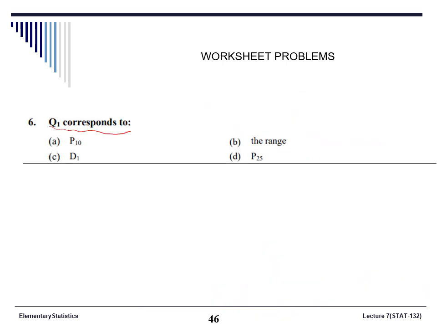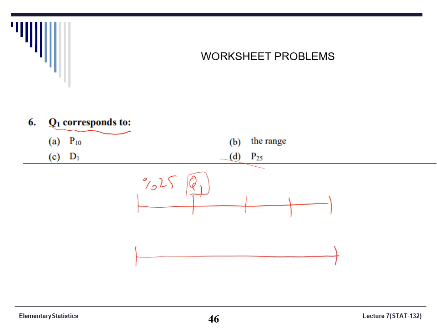Now Q1 corresponds to what? Remember that the quartiles divide the data into 4 parts. So 25% of the data falls below Q1, and the rest goes like 50%, 75%. But anyway, we're interested in Q1. In the percentiles, each percentile leaves some percentage of the data behind. P1 leaves 1% of the data.